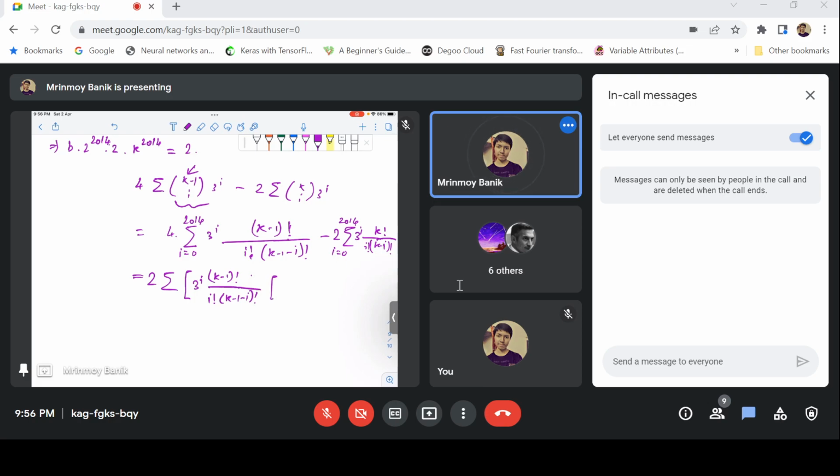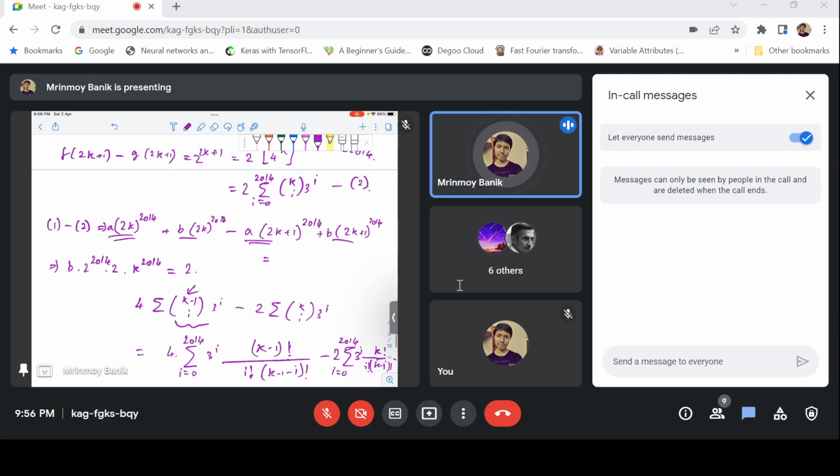So that gives us 2 minus k by (k minus i). Nothing more, nothing less. So that is 3^i times (k minus 1 choose i) times (2 minus k by (k minus i)).